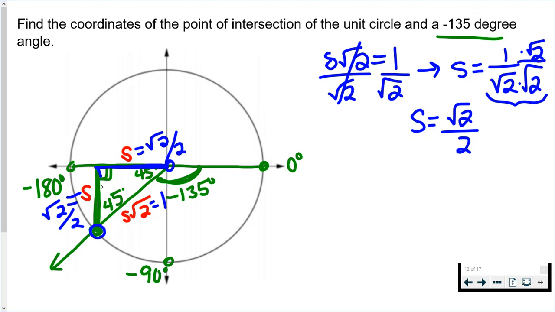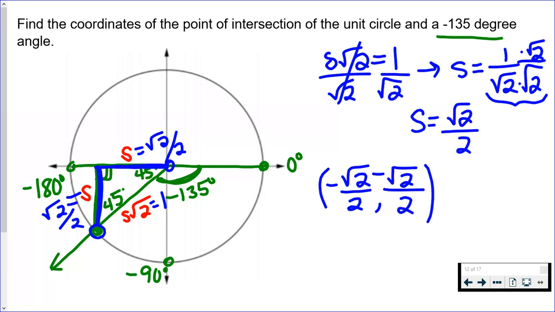I also moved down the length of this triangle, square root of 2 over 2. If you move left, that's a negative x value. And if you move down, that is also a negative y value. So we move left and we move down. So those are both negative coordinates.